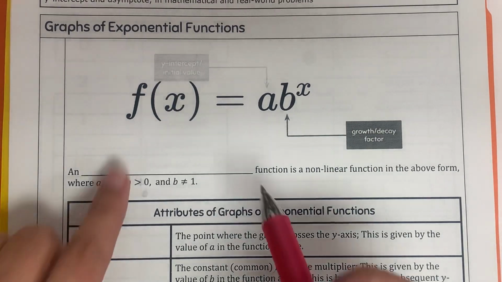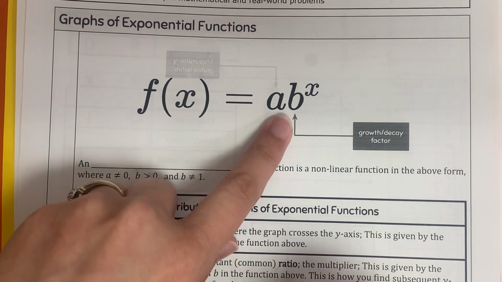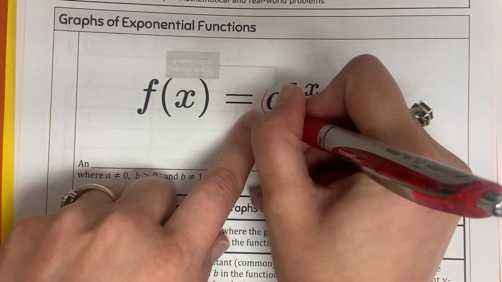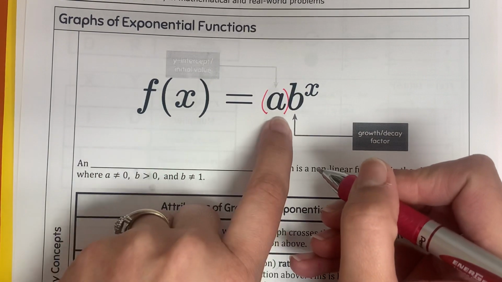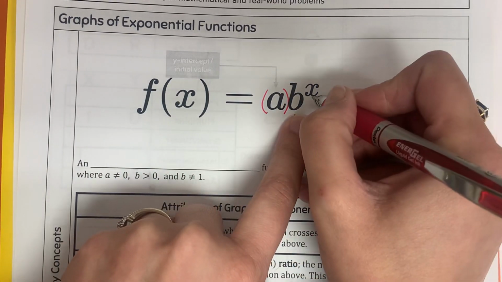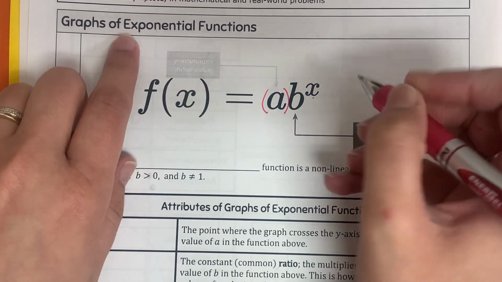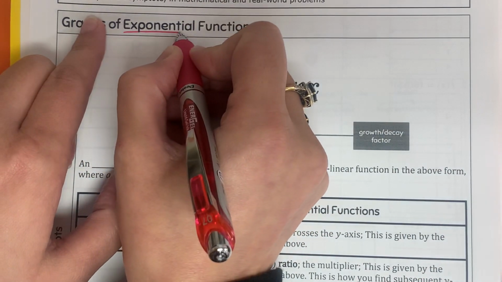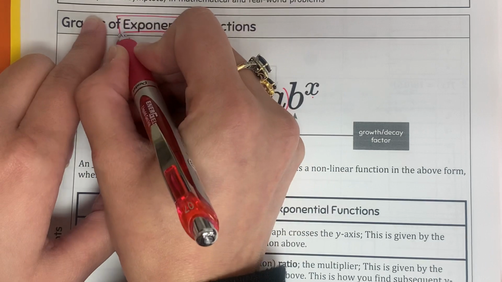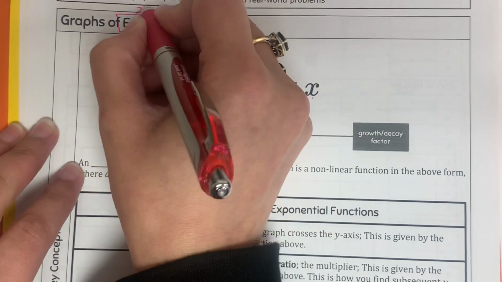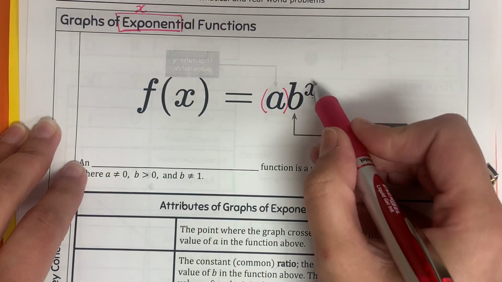Exponential functions are f of x equals a multiplied by b to the power of x. Why is this called an exponential function? You have the keyword exponent in it. That x basically is the exponent.